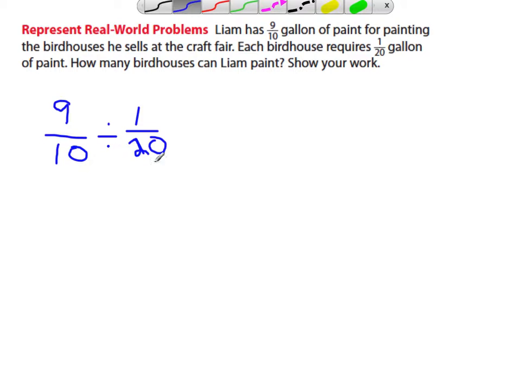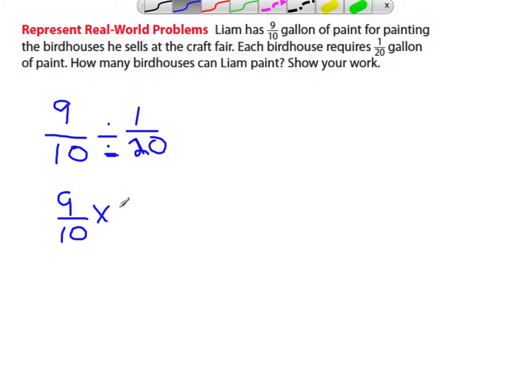So we learned already that I don't want to divide, I'd rather multiply. So I'm going to keep this first fraction the same, 9/10. I'm going to change it from a division problem to a multiplication problem. And then I'm going to multiply by the reciprocal.